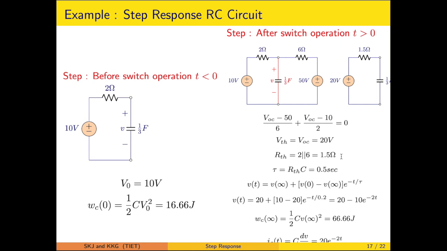So RTH is known, the capacitance value is already known, VTH is also known, so we can calculate the value of the time constant, that is RTH into C, and it comes out to be 0.5 second. This V infinity will be equal to 20 volt, likewise.